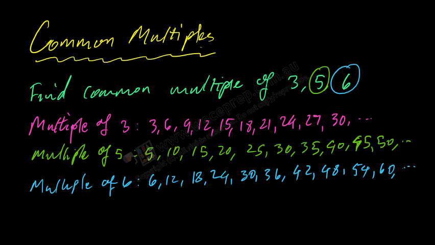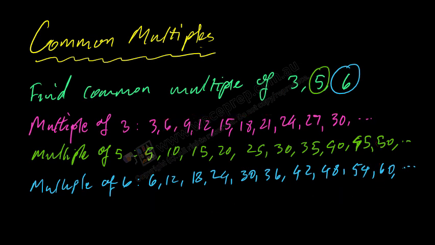Okay, now that we have looked at the multiples of each of these numbers, we need to find the common number or numbers that exist in all three sets.